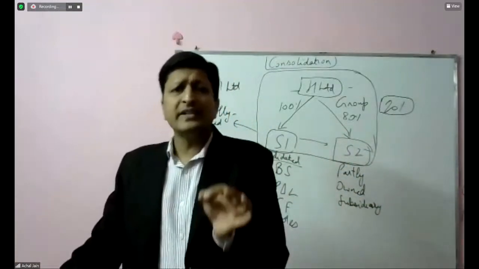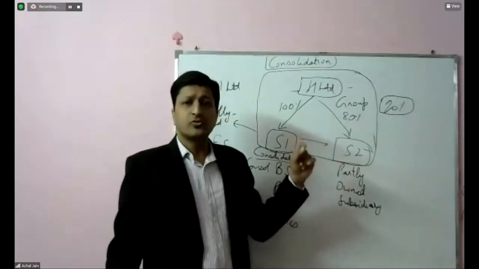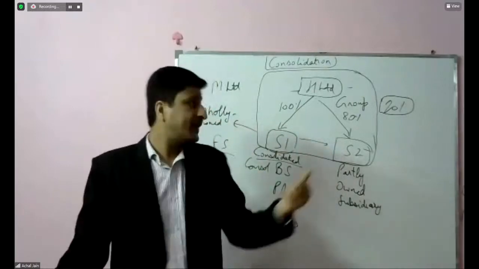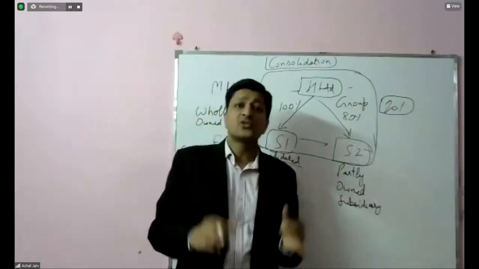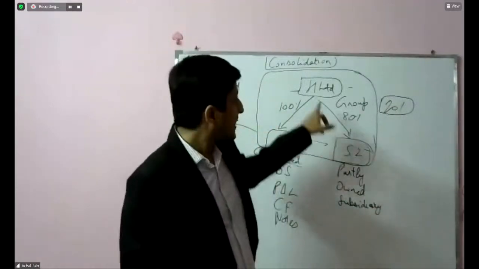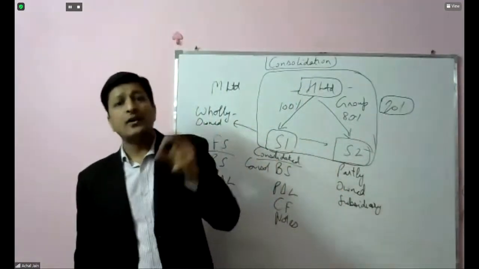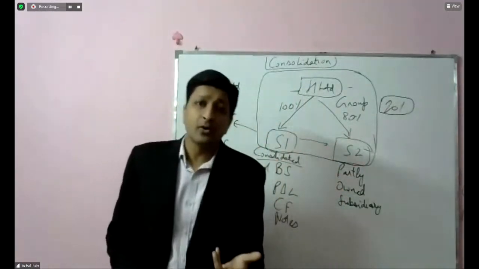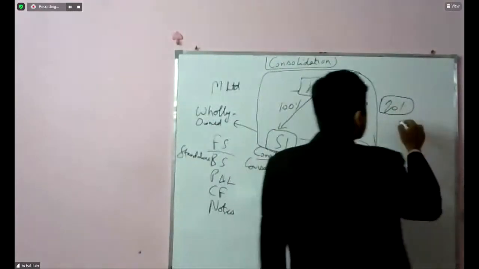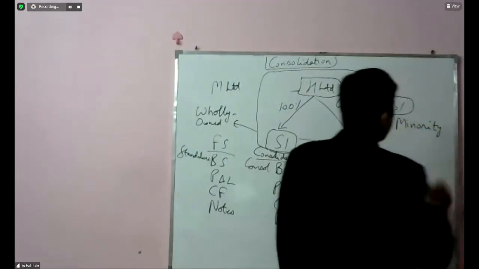The only thing that we know is that when it comes to S2, the majority of the shares, what is the majority? 80%, are held by H Limited. And minority, what do you mean by minority? Other than the majority. Of course, 20% is the minority.